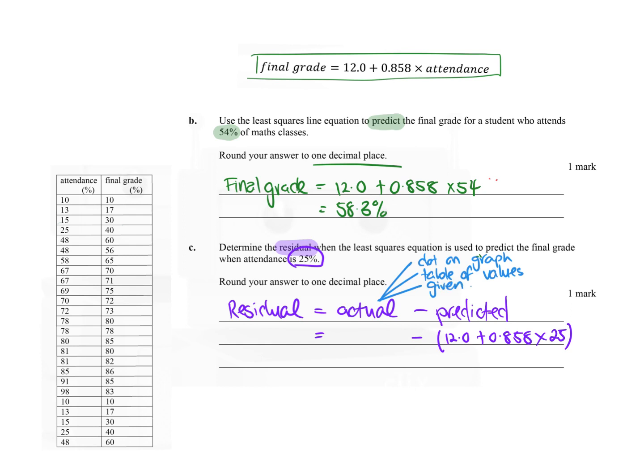If you have a look, we're looking for when the EV is 25. We want to see what actually happens. So over here in the table of values, I found where it said 25, and here is its actual. It actually was 40. So a kid who had 25% actually had 40.